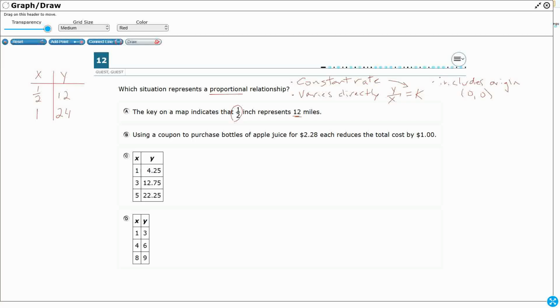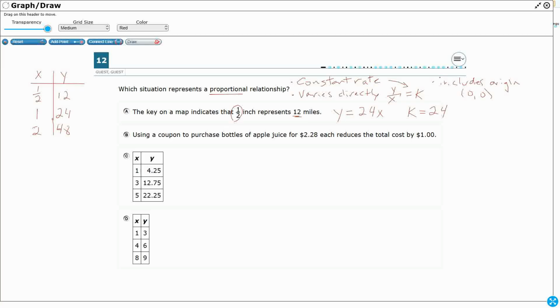Well, how could I represent this if I were to double this again, right? I would get 48. It looks like I'm just going to keep making that 24. So it looks like I do have that constant rate of change, right? We could say y equals 24x, or we can say our constant rate of change is going to equal 24 over 1, which is just 24.